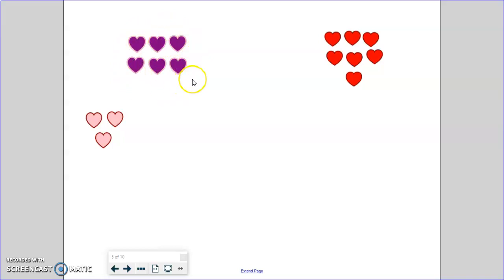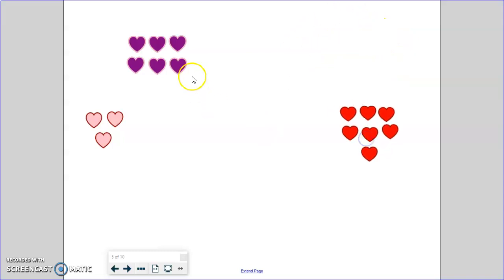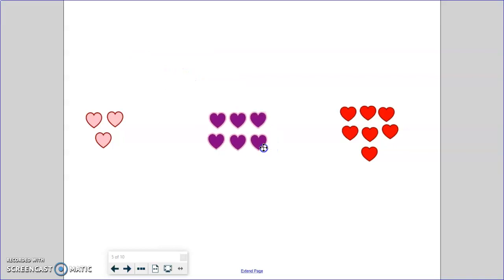We have 6 purple hearts and we have 7 red hearts. Which number is larger, 6 or 7? 7 is larger, so that means that 7 is the biggest number and 6 is right in the middle.